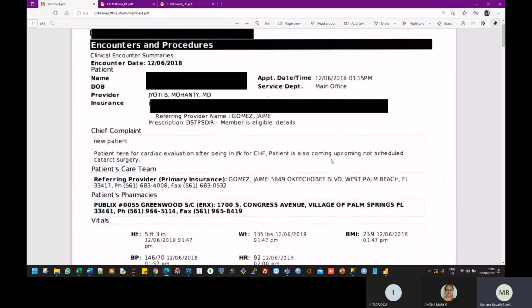Patient is also upcoming, not scheduled cardiac surgery. That means he is having a cardiac problem but his cardiac surgery is not scheduled. That is the present situation of the patient, okay. Now in this sentence, what should be highlighted? Cardiac evaluation. Next.